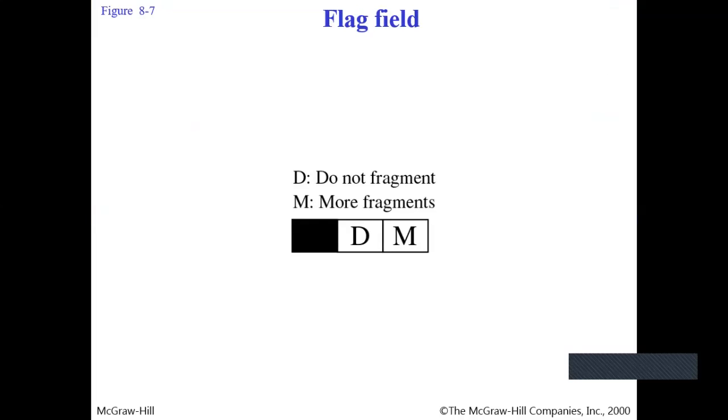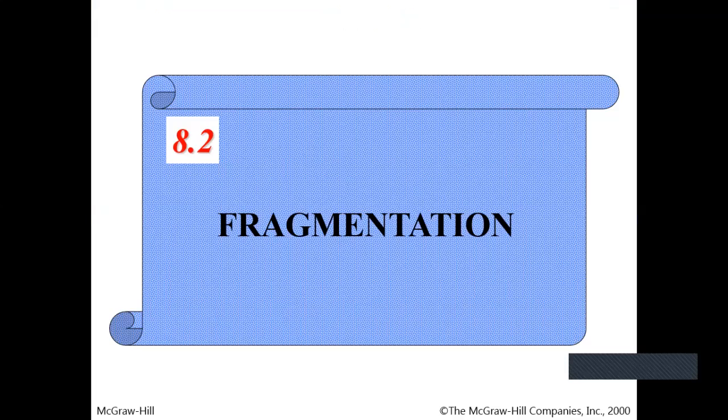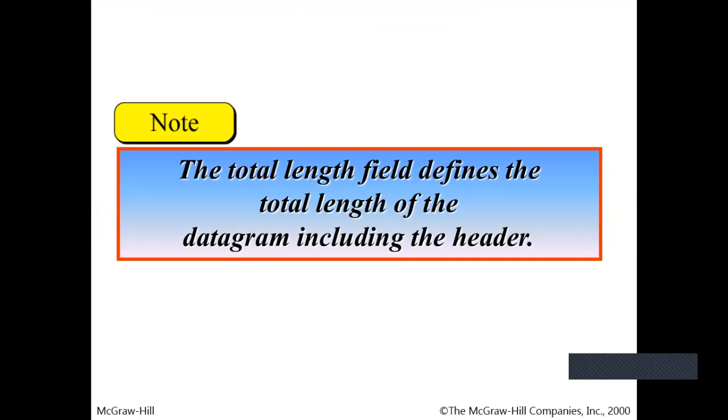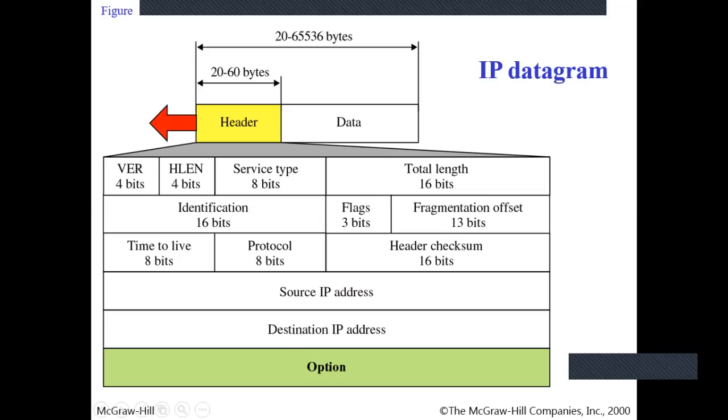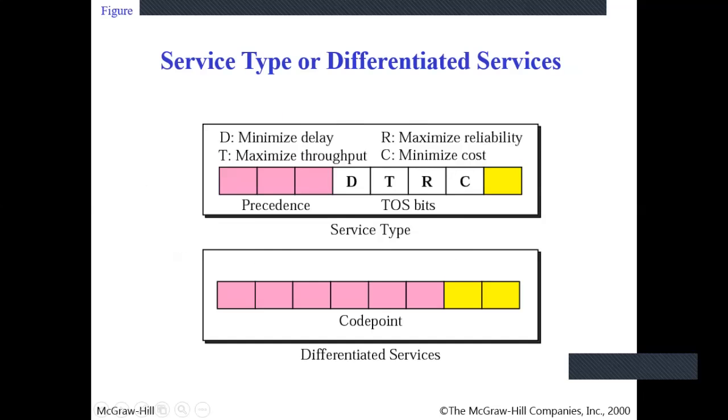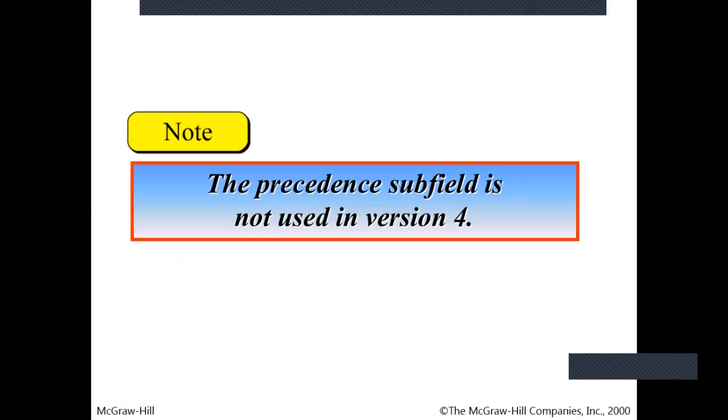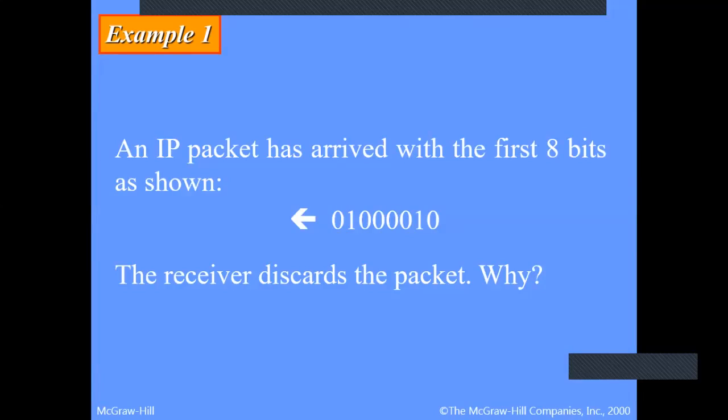There are flag bits, which are the D bit and M bit. There are three flag bits, and they represent the fragmentation part of IPv4.